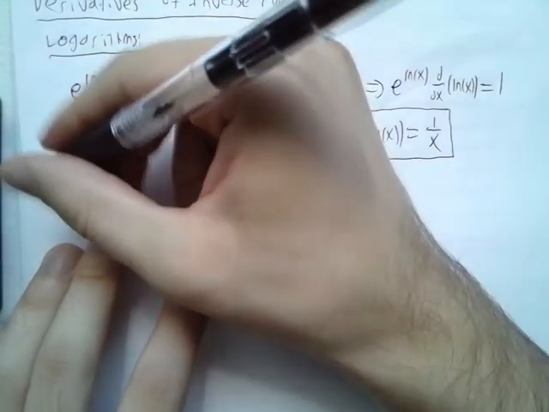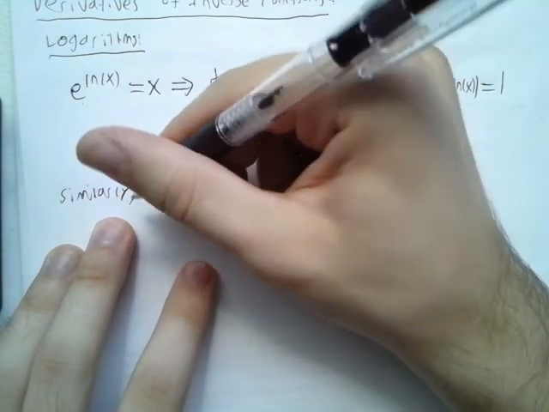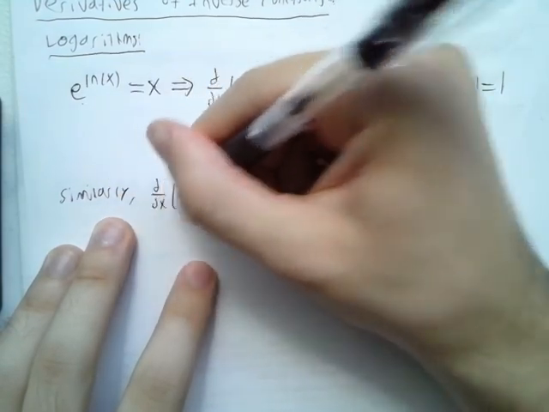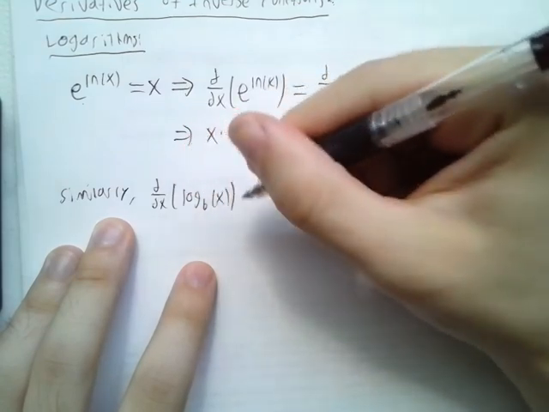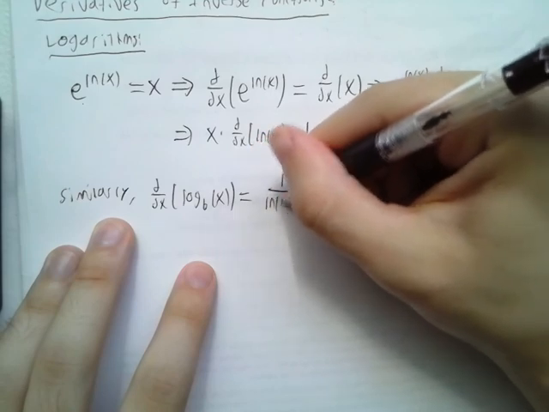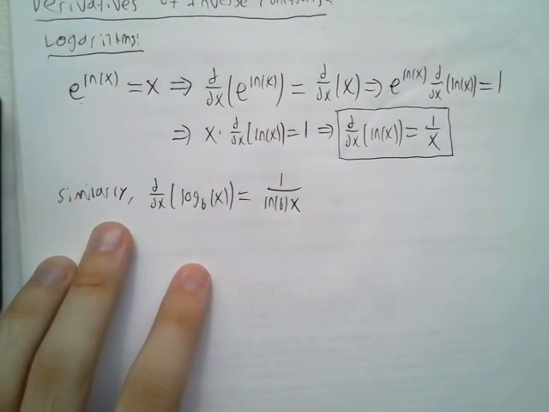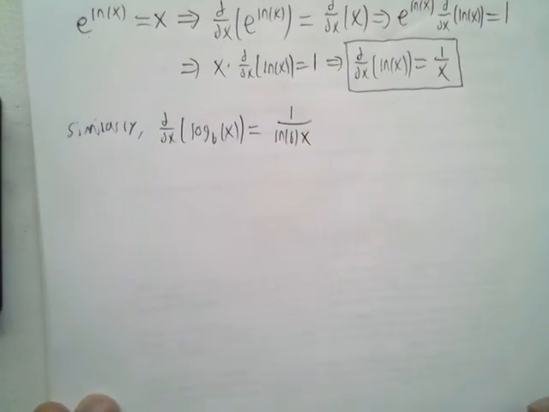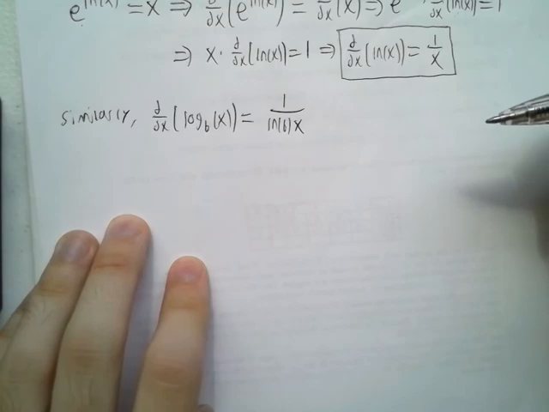And you could do a similar procedure for any base logarithm. So the derivative of log base b of x is going to be equal to 1 over log of b times x. Okay, so that's how you differentiate log functions.